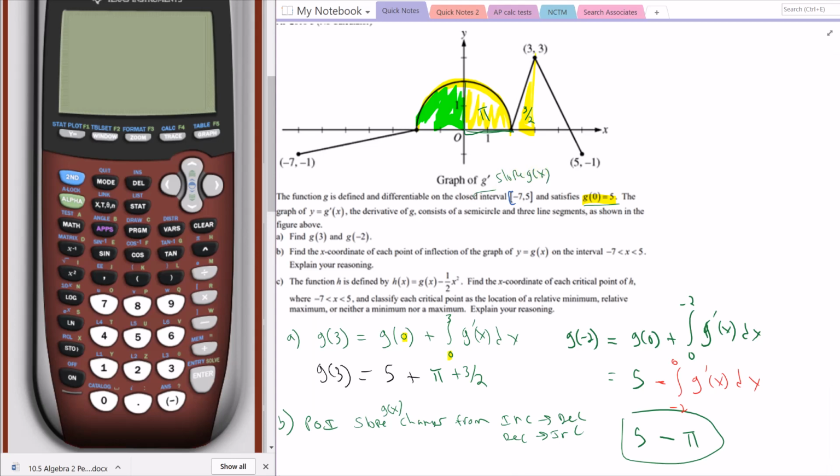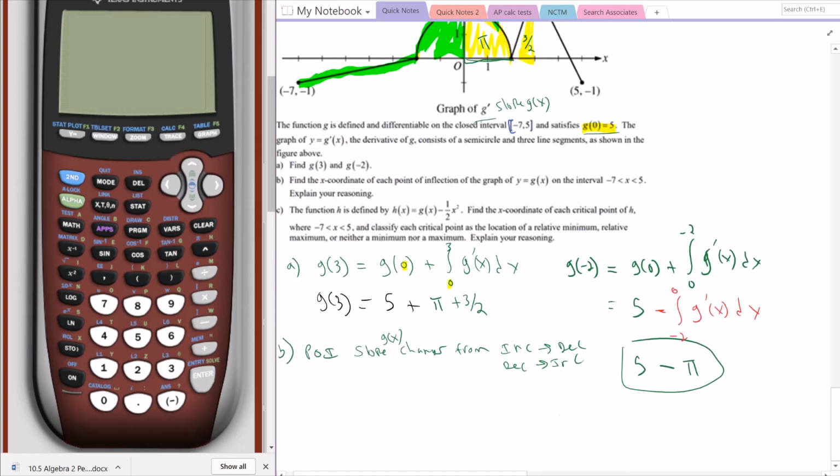So we can just follow this up and say, okay, increasing from negative 7 here, increasing, increasing, increasing, because it's going up, and then it stops, and now it's decreasing, decreasing, decreasing. So the slope changed from increasing to decreasing at x equals 0, right?